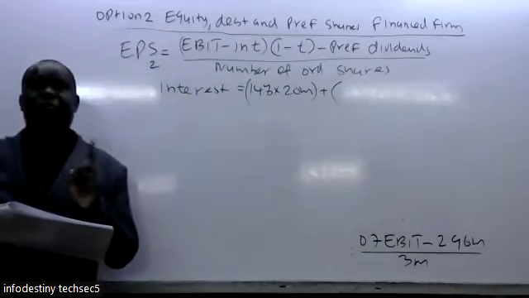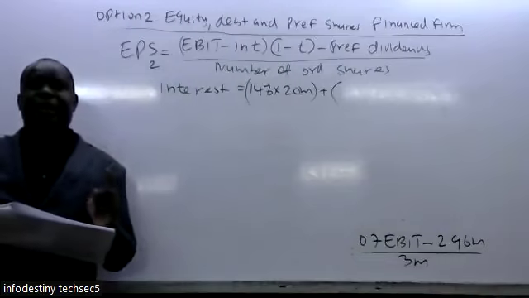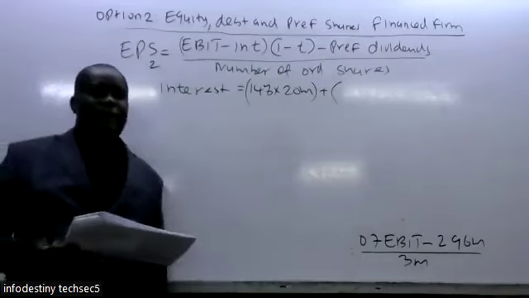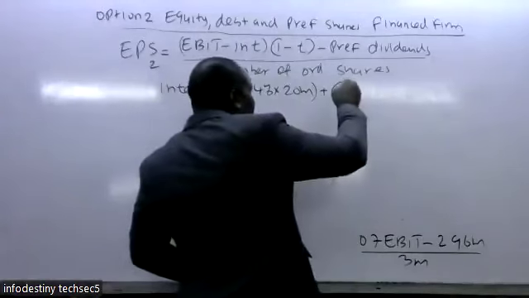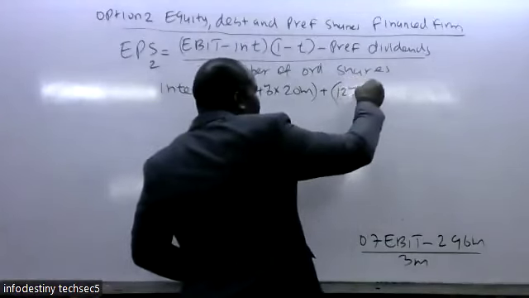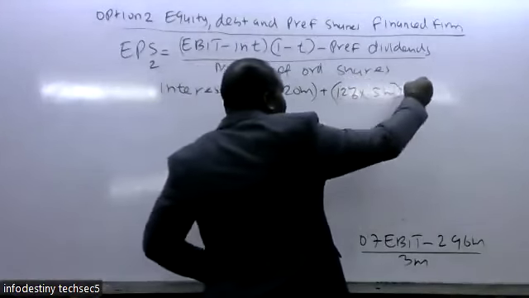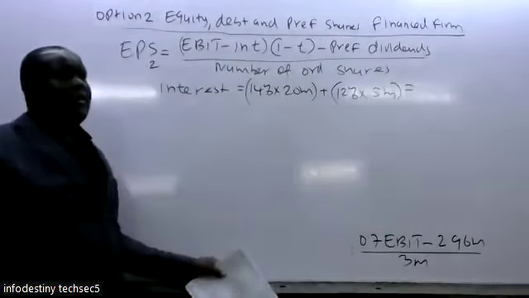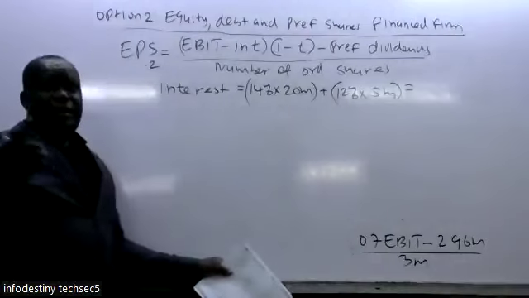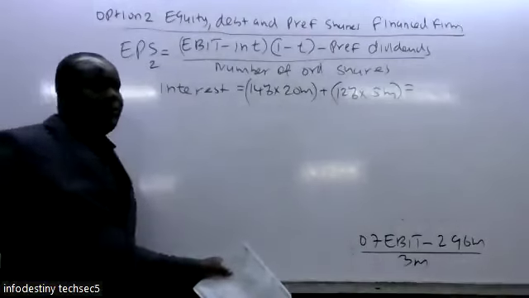So the total amount was 10 million. So a half will be how much? 5 million. So the interest rate is 12% of 5 million. So when you add them together, you now get the total interest under option 2.